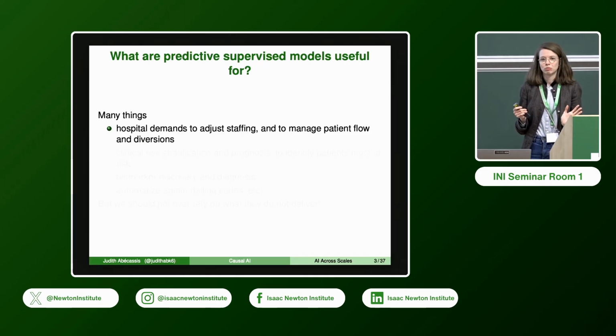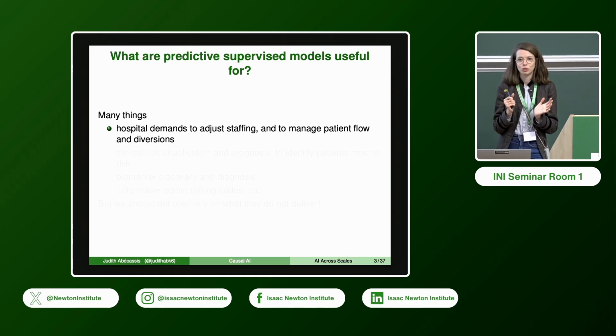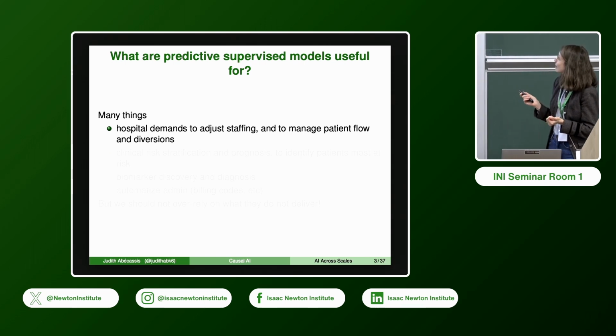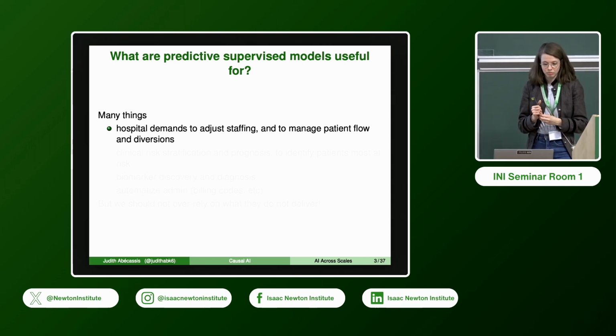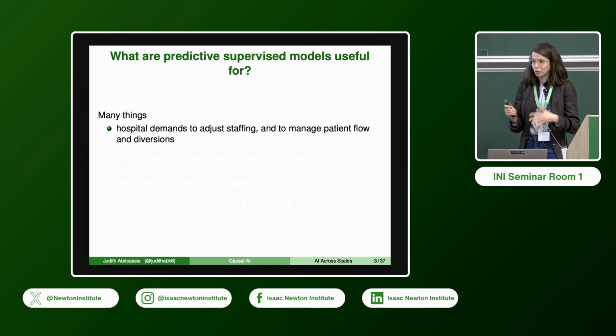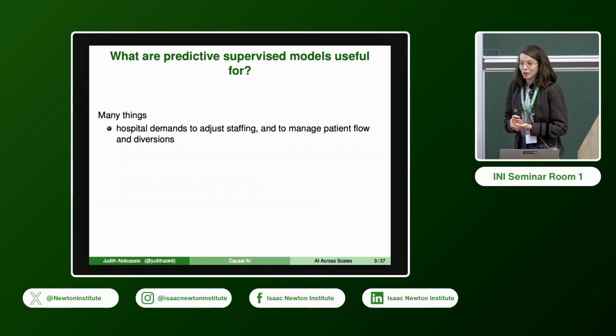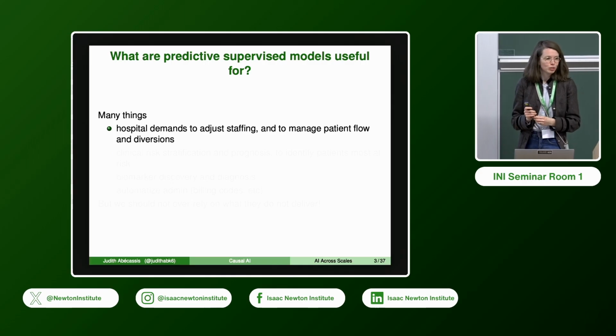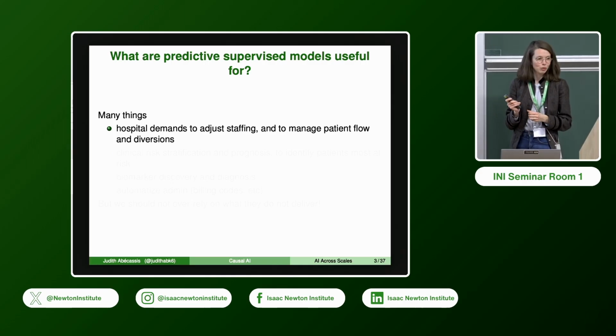If we look at what most AI models are, I'm mostly going to focus on supervised learning. Supervised models are really useful for a lot of things. If we have data with labels and we try to predict the labels on new similar data, it can help forecast the weather, and maybe also hospital demands or drug demands to keep up with what will be needed.